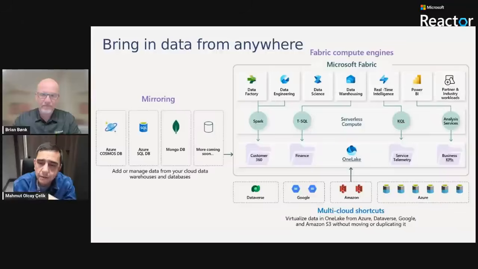Now we have mirroring inside Microsoft Fabric, and it is going to be very popular, a frictionless way to manage existing cloud data. Today, you can mirror your Azure database, your Google Cloud GCP database, your Oracle database, and your PostgreSQL databases inside Synapse Data Warehouse.